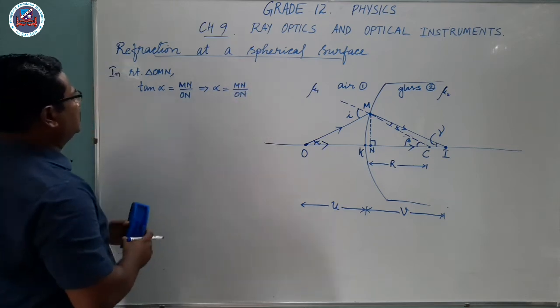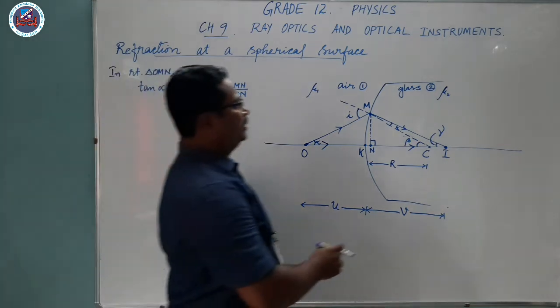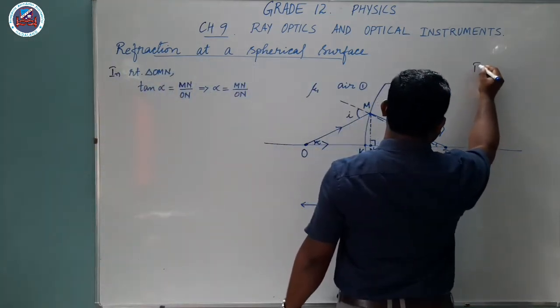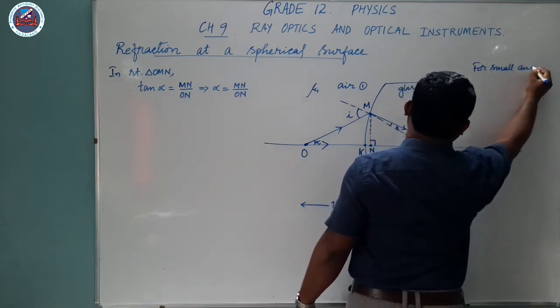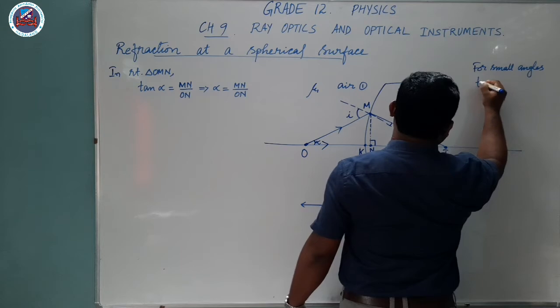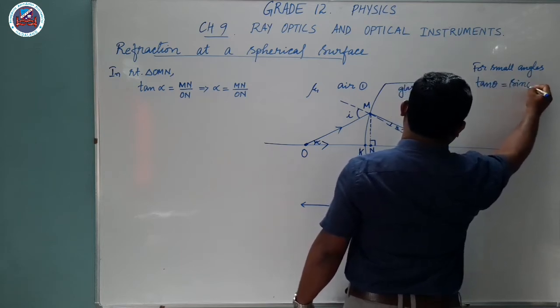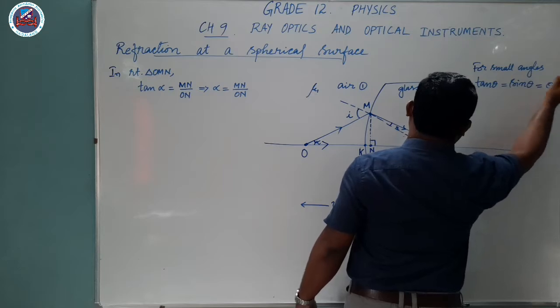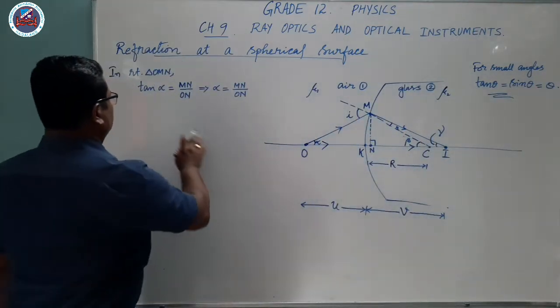For small angles, the values of tan theta and sin theta are equal, both we take as theta. This is our assumption that we have to take.